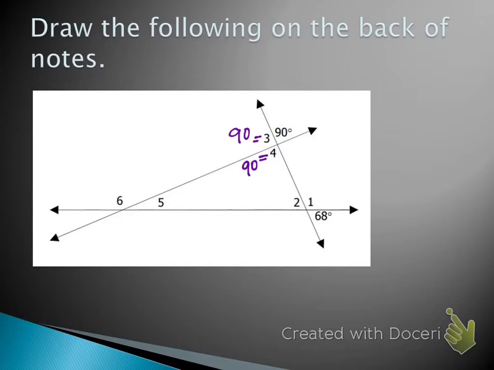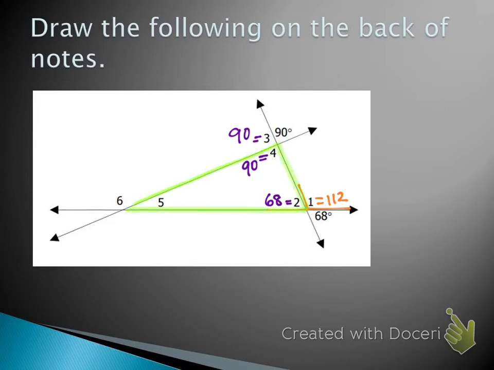What do we want to find next? We can find angle 2, which is 68, because it's vertical with 68. While we're here, let's find angle 1. Angle 1 is supplementary with 68, so 112. You subtract 68 from 180. So from here, what can I do to find angle 5? Add 4.